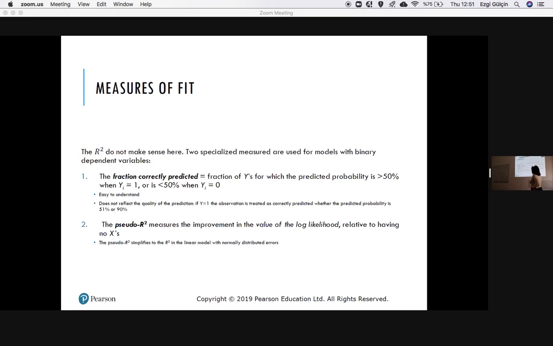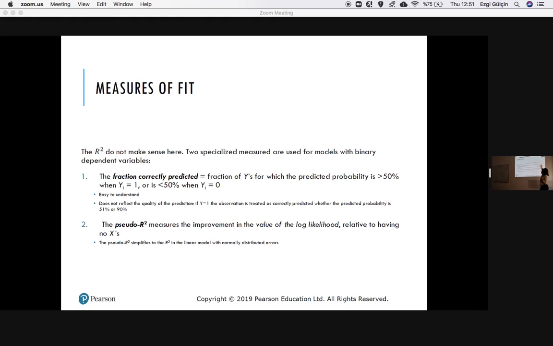So if the observation for individual i is equal to 1, and the model predicts a probability that y is equal to 1 above 50%, this means that this is a good model. Because if in the data y is equal to 1 for that specific observation, and the model predicts that this probability is above 50%, then the model is doing a good job. It's a good sign.